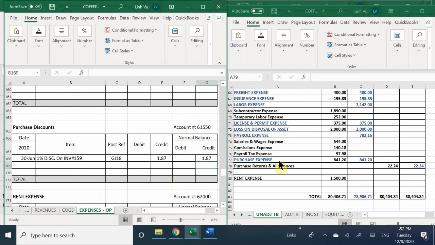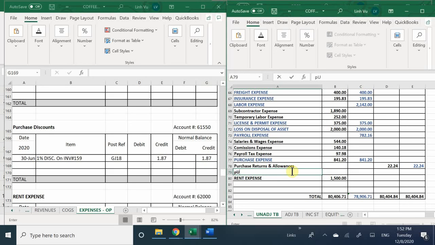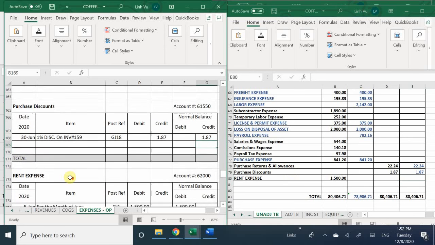Okay, so purchase discounts is going to be here. Okay, and it is for a credit amount of 187, which we know is here. All right, last but not least, what do we have here?